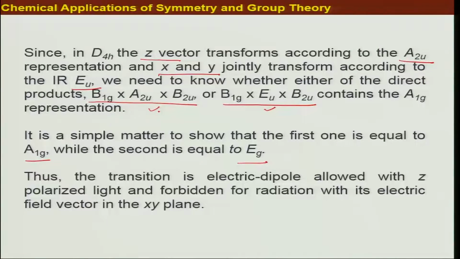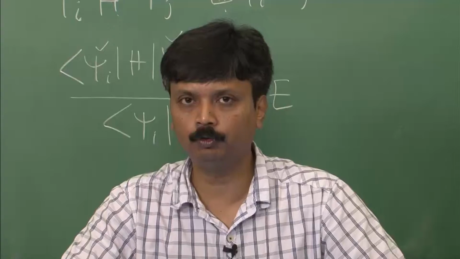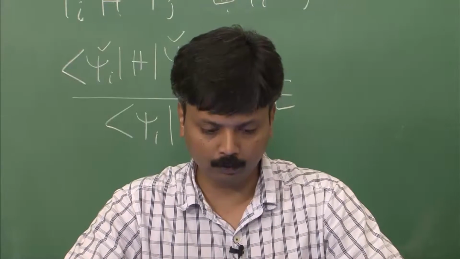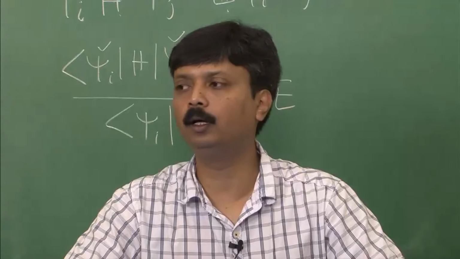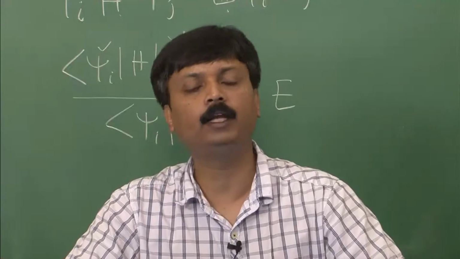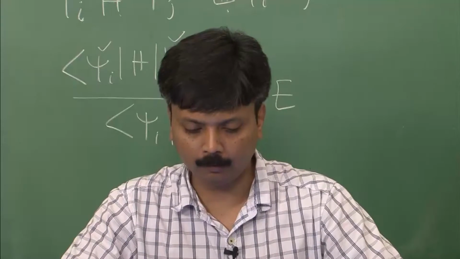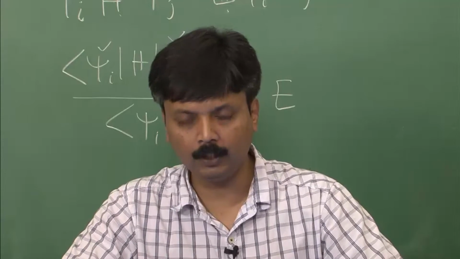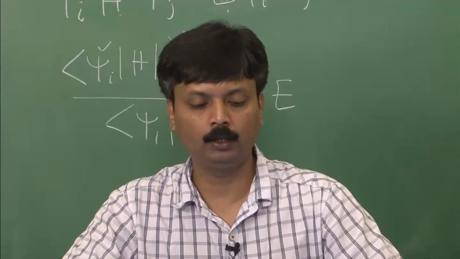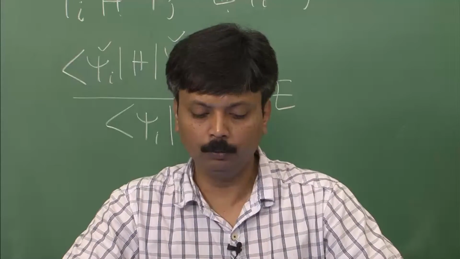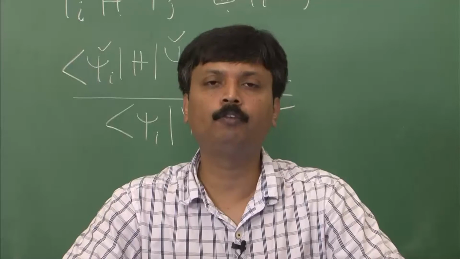So here we showed how the concept of direct product can be very useful to have an idea about the transition probabilities and intensity of any given transition, by knowing the properties of the direct product involving the irreducible representations of any symmetry point group. So we will stop here today, and I thank you for your attention.